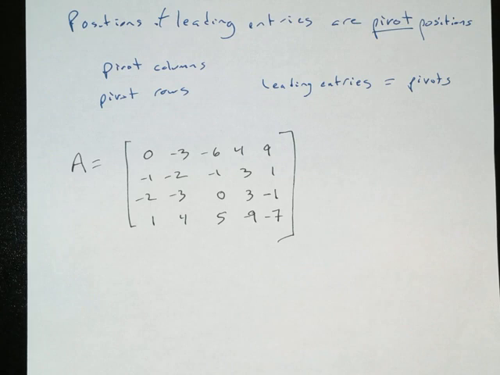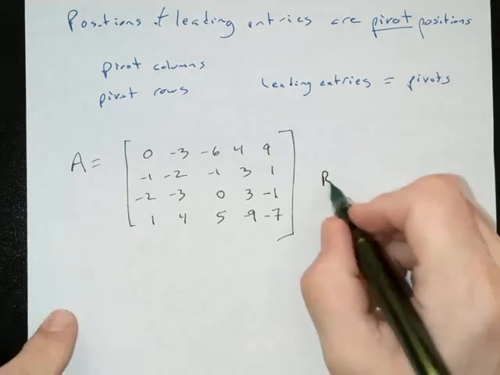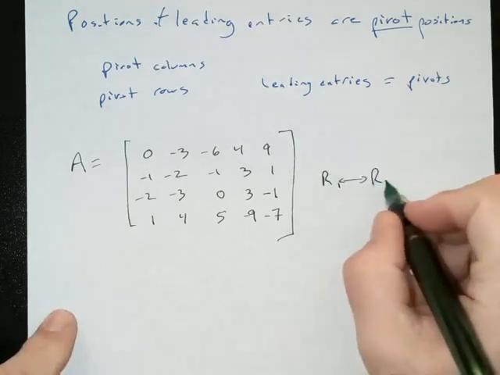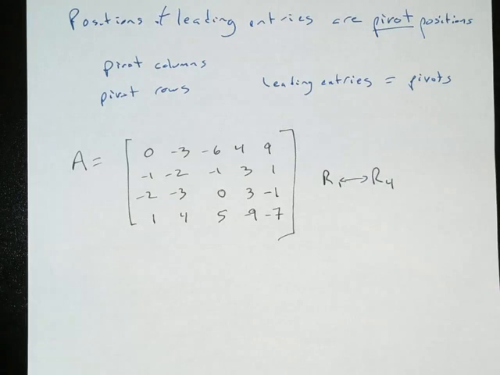So I'm going to switch a row to put something up there. You could use any row you want. If I'm going to reduce row echelon form, what do I want my pivots to be? I want them to be 1. So let's take the bottom row, which already has a 1 in it, and swap it up there. I am going to interchange row 1 with row 4.